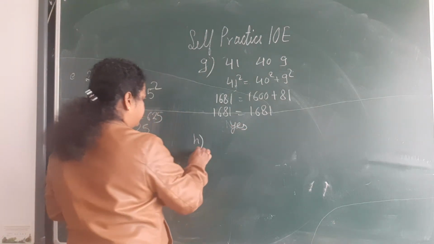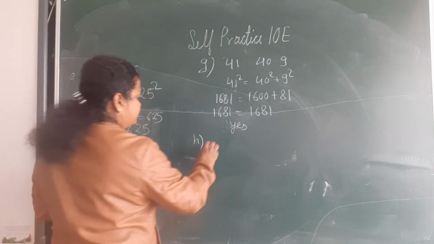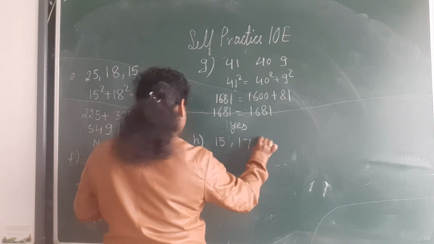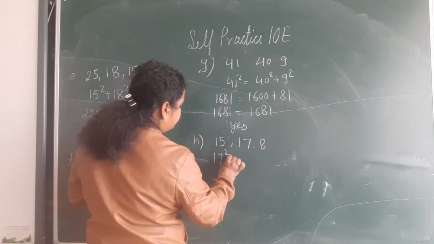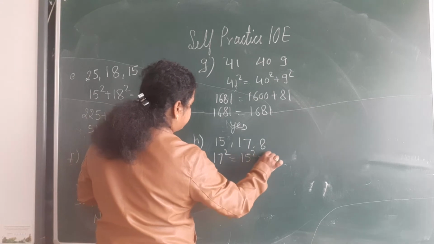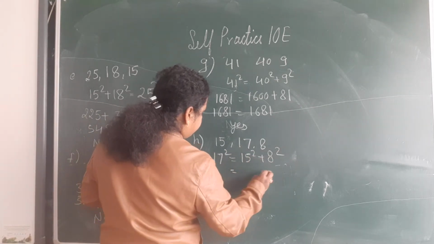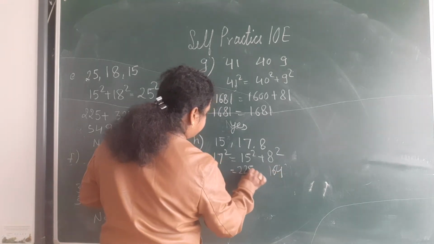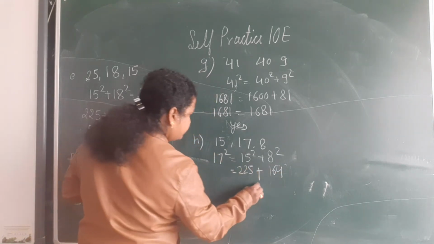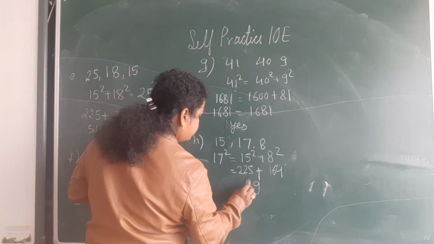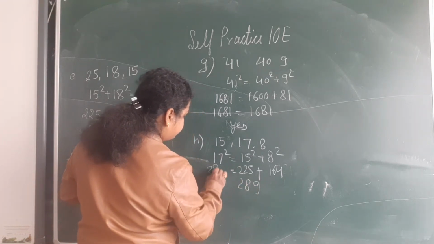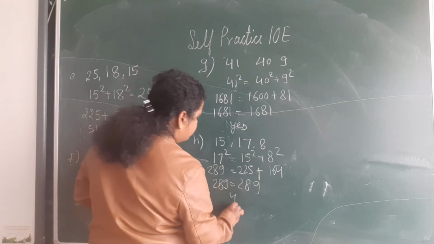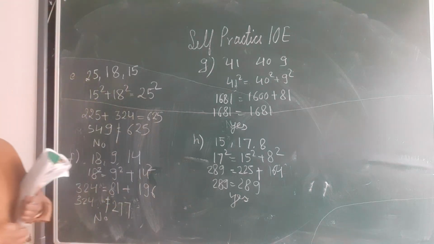Now H part: 15, 17 and 8. 17 square is equal to 15 square plus 8 square. 8 square means 64, plus 225 is 289.